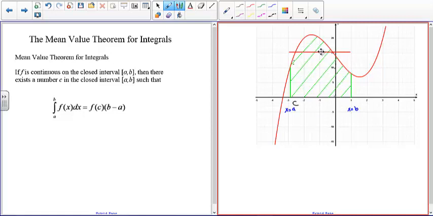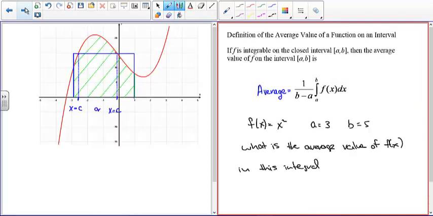So you can show that it's true for any integral, because some parts are going to be higher than this number, and this number, what is that number called? It's called the average.